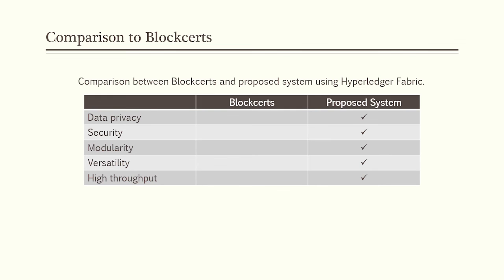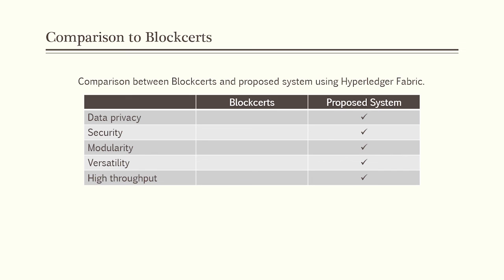A document can be viewed by some authorized entities, but not others. And Hyperledger Fabric doesn't use any cryptocurrency related operations or public consensus protocol. Therefore, it is more secure than those that use public blockchain.